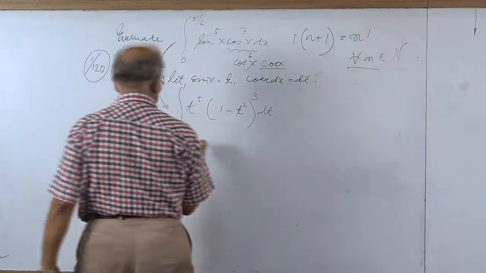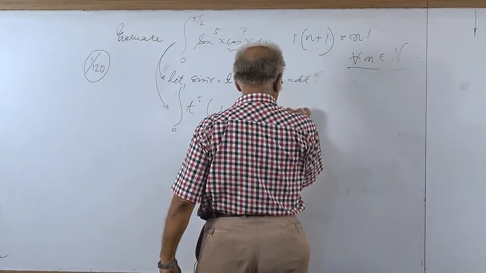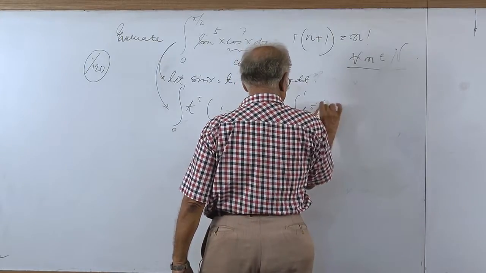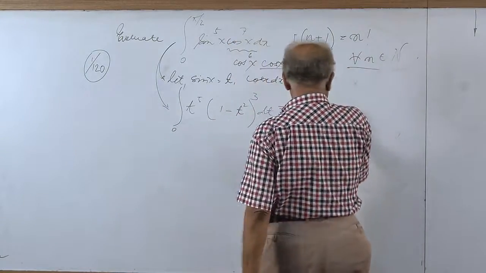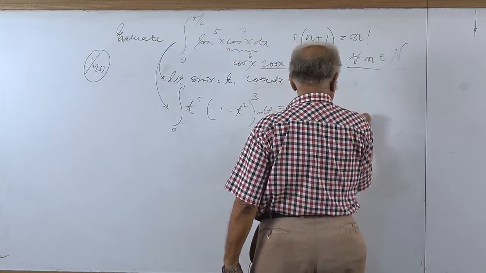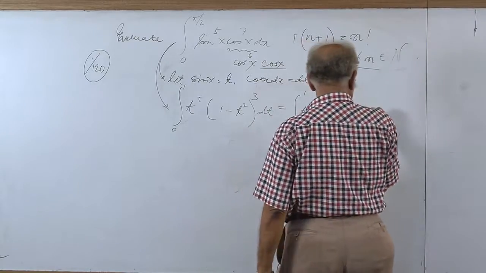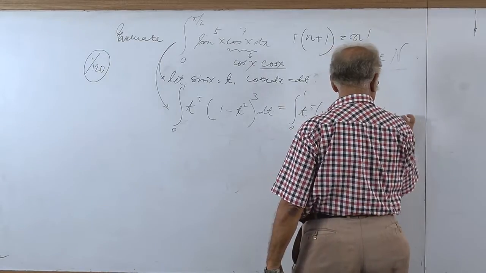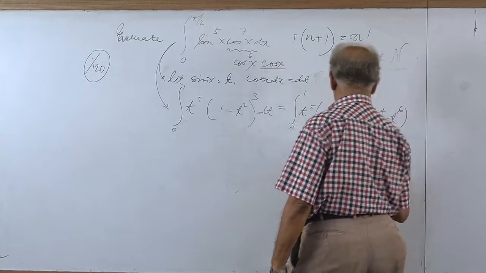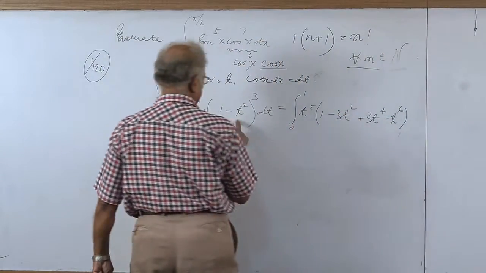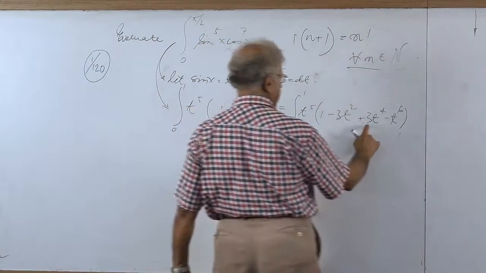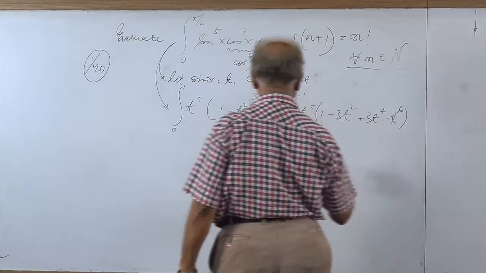So this can be written as the integral from 0 to 1 of t to the power of 5, and we'll split this, expanding 1 minus t squared to the power of 3: 1 minus 3t squared plus 3t to the power of 4 minus t to the power of 6.